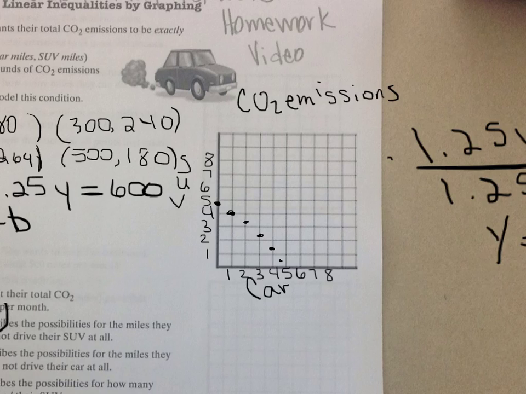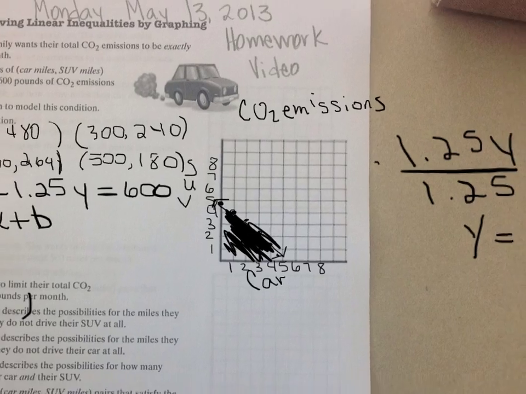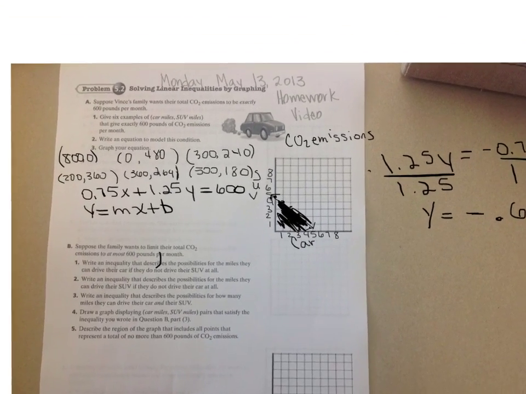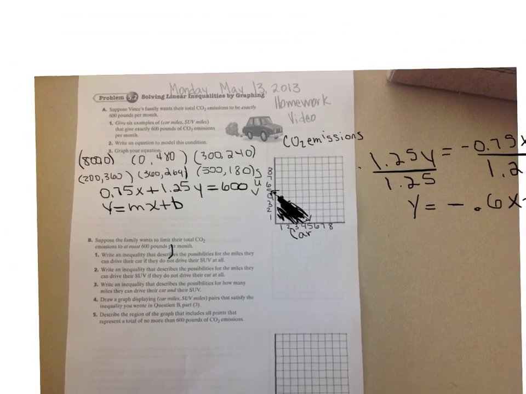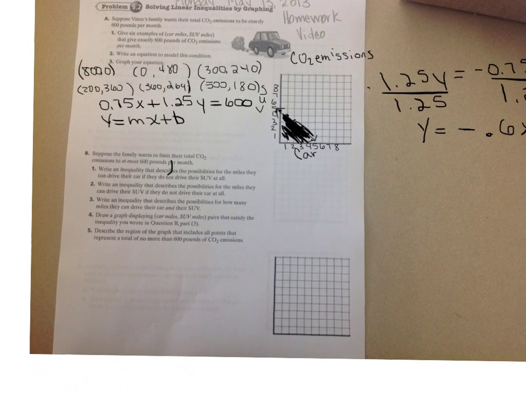And so your graph would look something like this. Okay, and then we would shade in this region here. Everything on the inside. And that is what your work and your answer for letter A should look like.